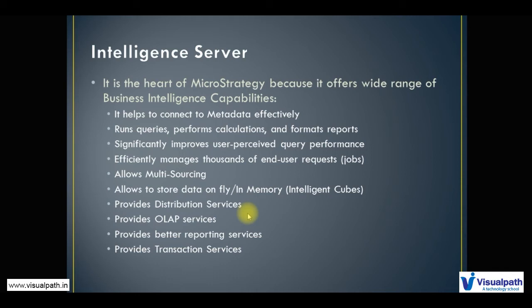Even that is possible. This is something called transaction services, which is again provided by Intelligence Server in MicroStrategy. What's the use case of this transaction service? We will see it in the upcoming session when we talk about transaction services.